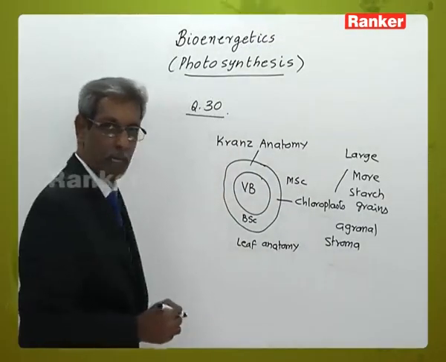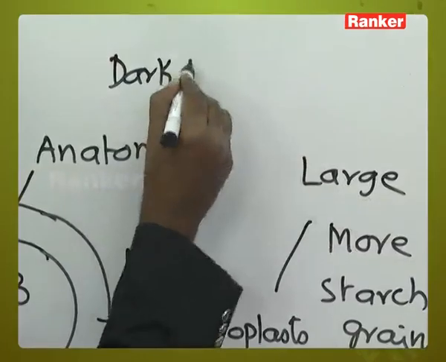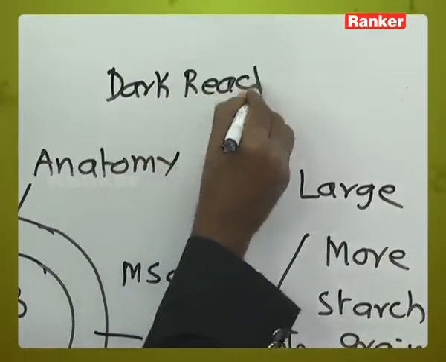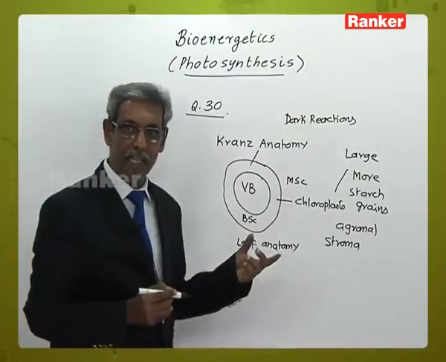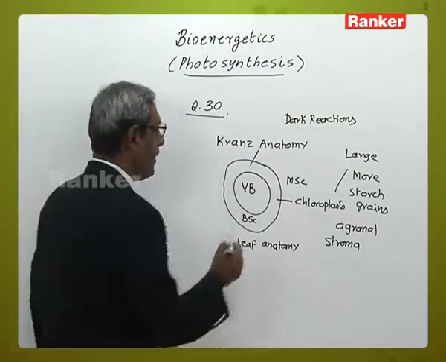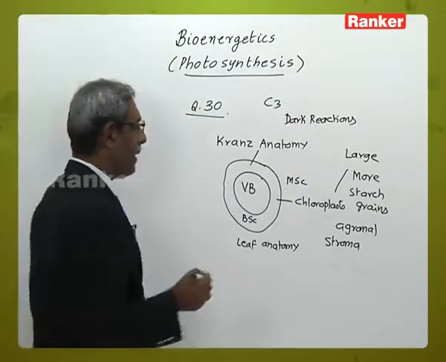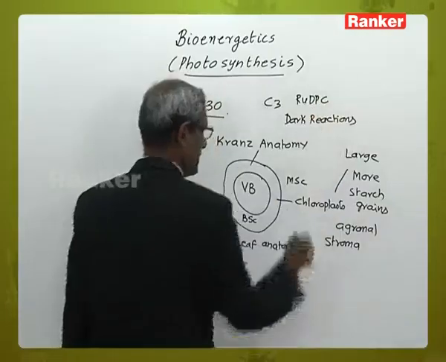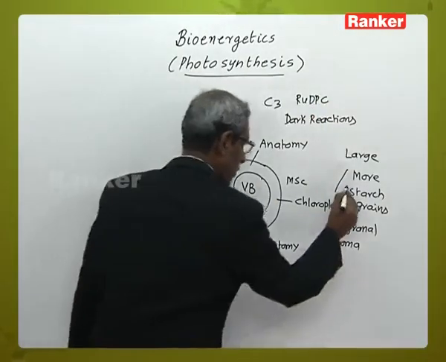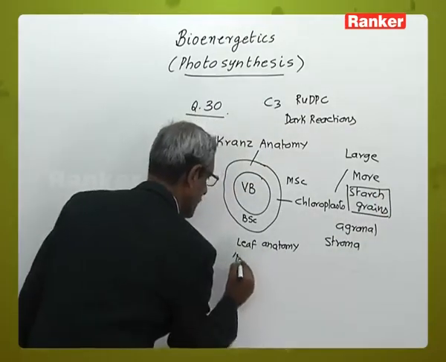Because they have only stroma, they are capable of very efficient dark reactions. And in the bundle sheath cells we have the C3 pathway, and during the C3 pathway there is the presence of an enzyme called ribulose diphosphate carboxylase. So presence of more starch means higher photosynthetic efficiency.